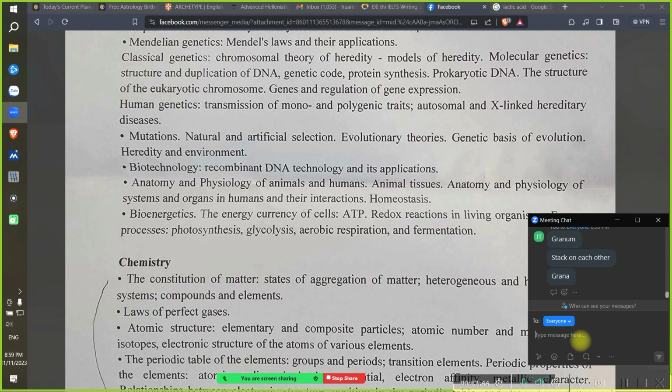Yeah, the help of the light. So in the light-dependent reactions, water is oxidized into oxygen gas. Yeah, and oxygen gas becomes a waste product. Yeah.